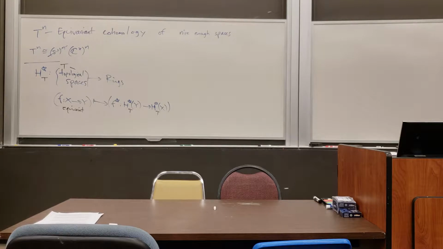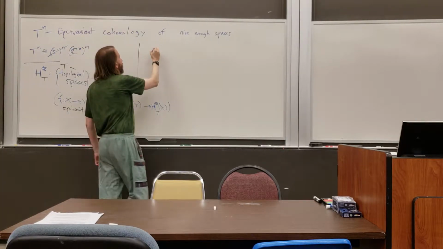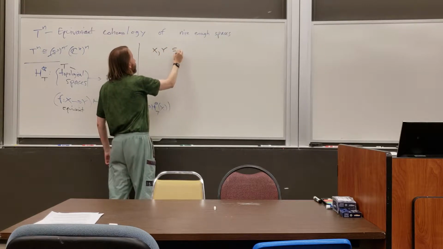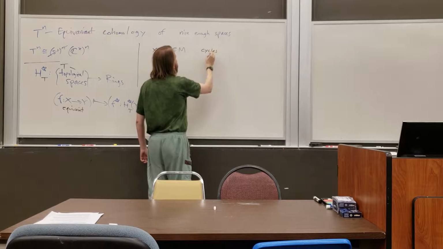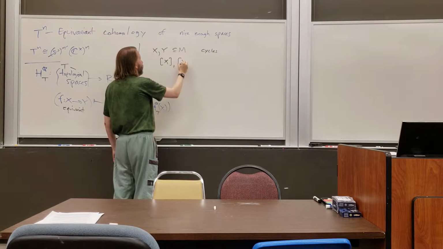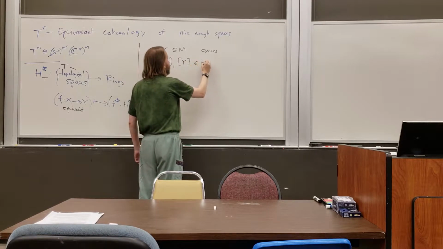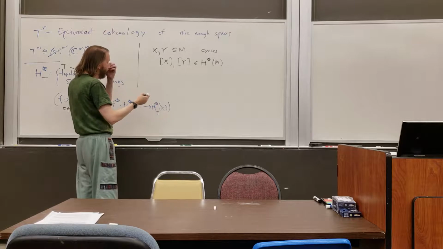So what you usually do with cohomology rings is you might say I've got X and Y living inside M as cycles, and then I can talk about X and Y giving me elements in the cohomology of M. I'll be putting a T on this in a moment, but I don't need it yet.